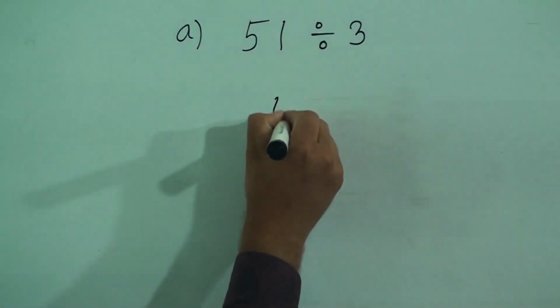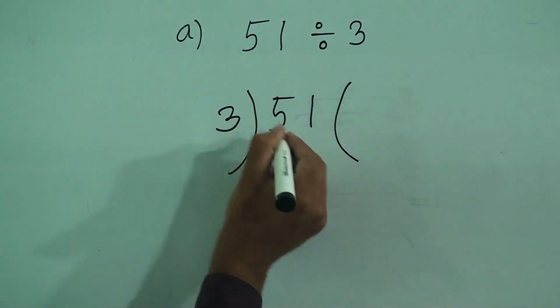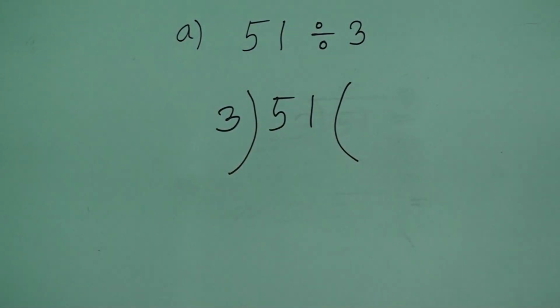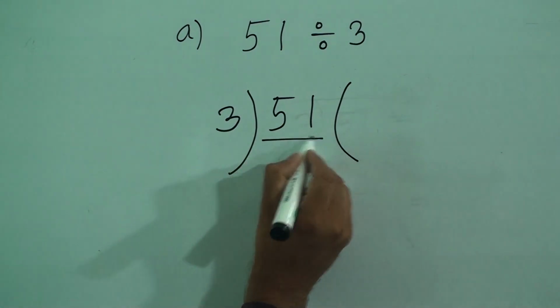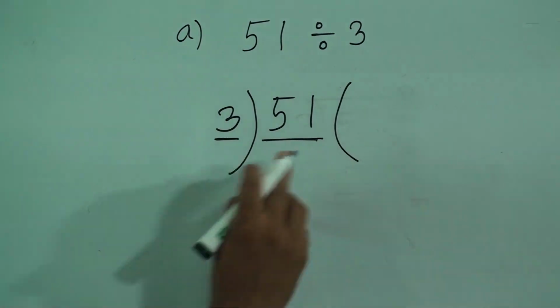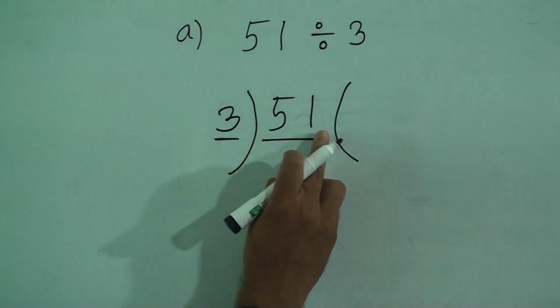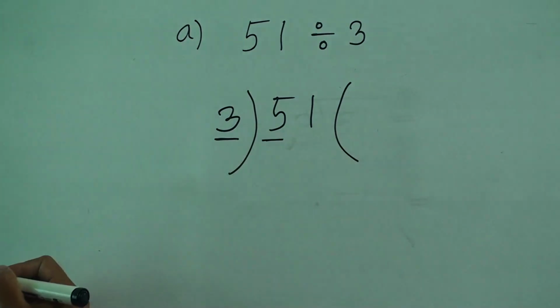Here 51 is the dividend and 3 is the divisor. This is a 2-digit dividend and a single-digit divisor. To divide this type of division, first of all you have to choose the first digit, that is 5.